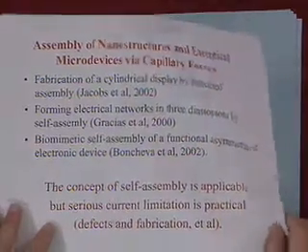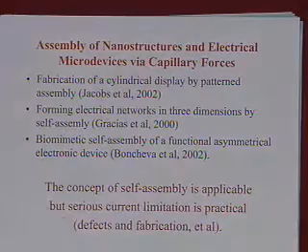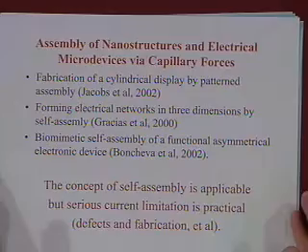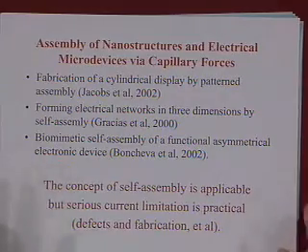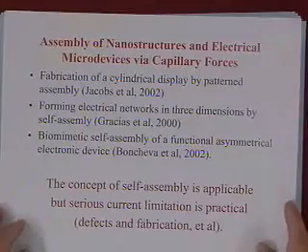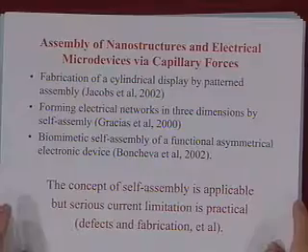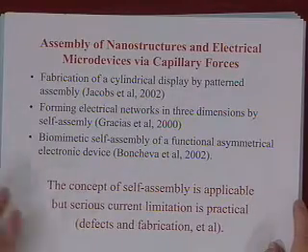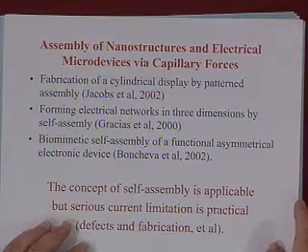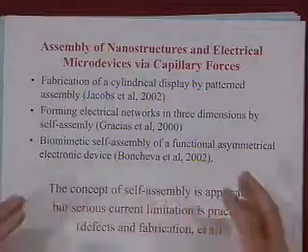But anyway, as a conclusion, I want you to know the concept of assembling is applicable for the assembling of electrical micro devices. But there are some limitations, like it's not practical right now, and there are defects. People don't even know how to measure the defects or how to decrease them, and the fabrication is not able to be done right now. It just belongs to the study region.